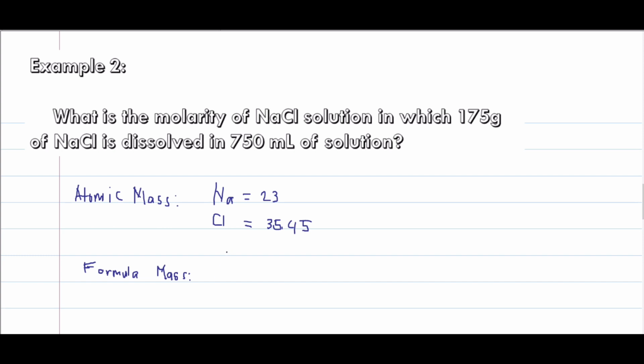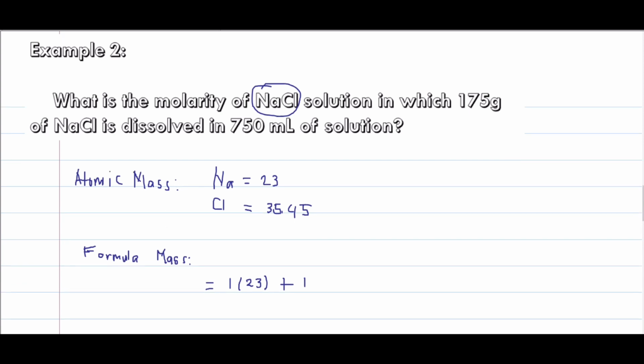For NaCl, we have one atom of sodium and one atom of chlorine. Therefore, the formula mass is 1 times 23 plus 1 times 35.45.